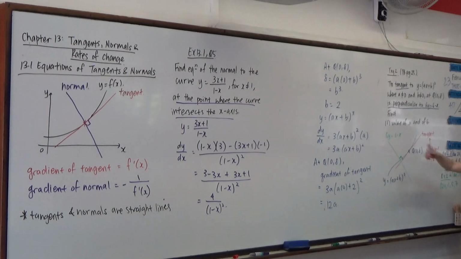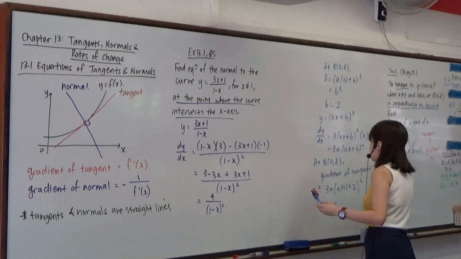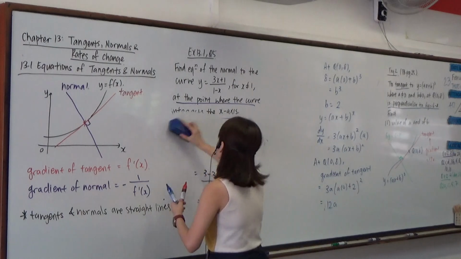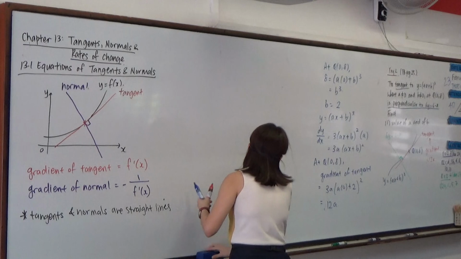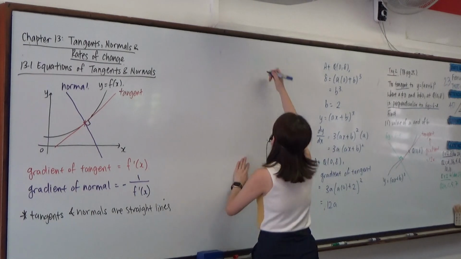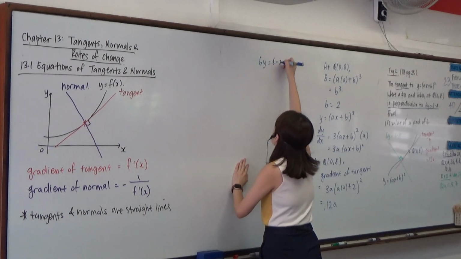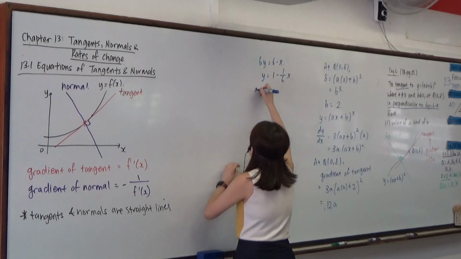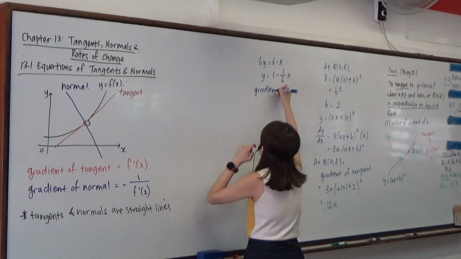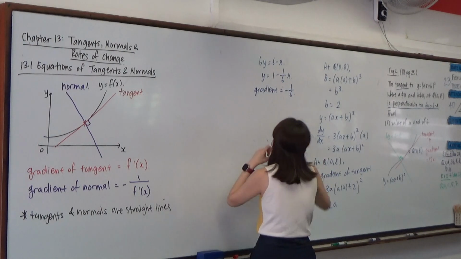Next thing I need to find is the gradient of the normal, or not the normal actually, the perpendicular line. So we need to translate the 6y equals 6 minus x into the y equals mx plus c form, and find that the gradient is -1/6.